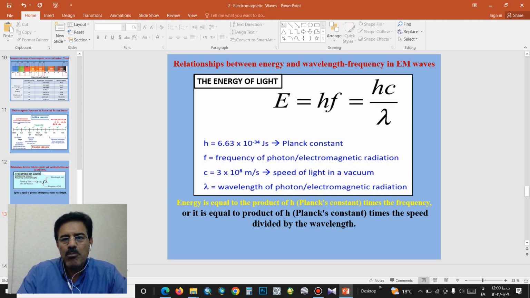E means energy, h Planck's constant, c velocity, lambda wavelength, and f means frequency.